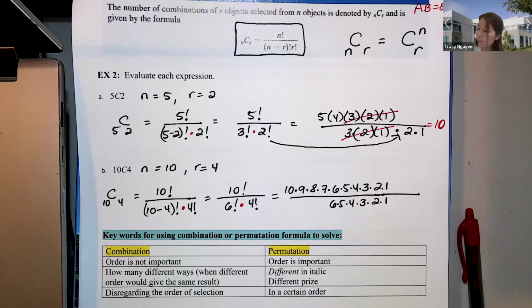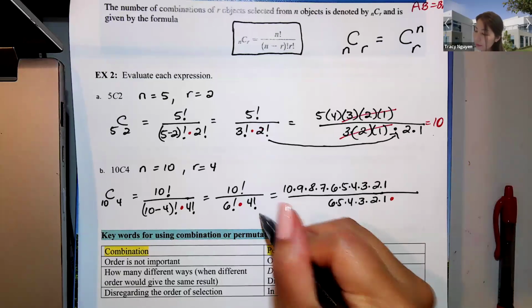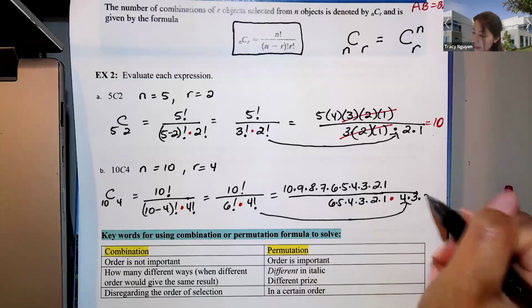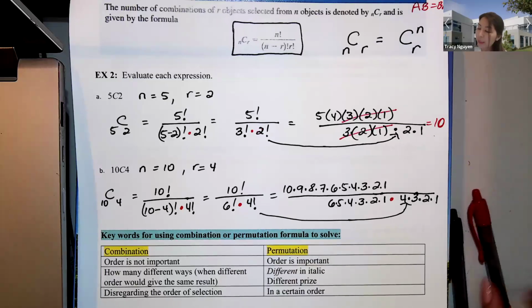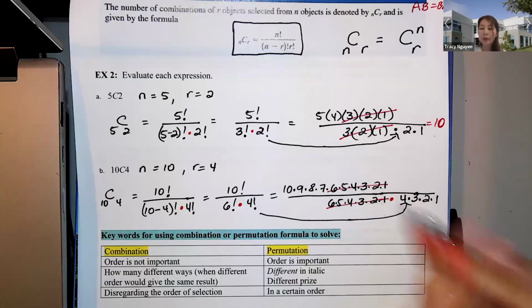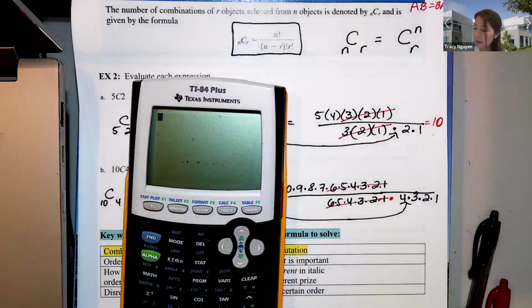This 4 factorial, we bring over, which gives us 4 times 3 times 2 times 1. Then we can simplify the common factors from 6 all the way down to 1. What we're left with in the numerator is 10 times 9 times 8 times 7, which is 5,040.